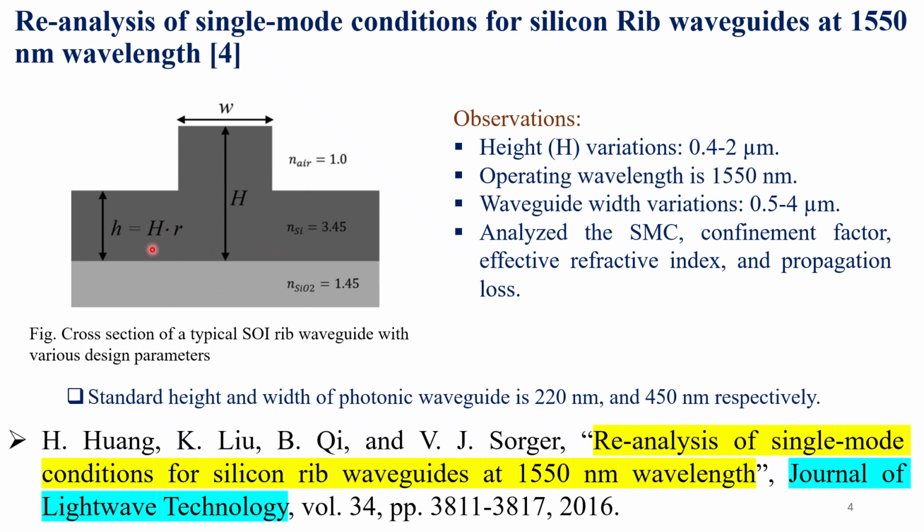Then over it there is a silicon layer, with the width and height given. The height variations are 0.4 to 2 micrometer. The operating wavelength is 1550 nanometer, and the waveguide width can be varied from 0.5 to 4 micrometer. We will study the modal analysis to find out things like confinement factor, effective refractive index, and the propagation loss, all these things, right? So we are going to design this structure only.